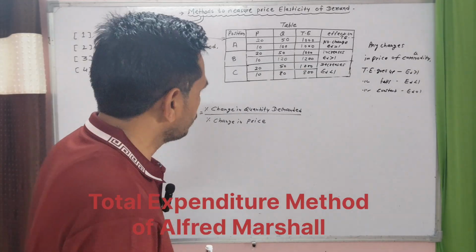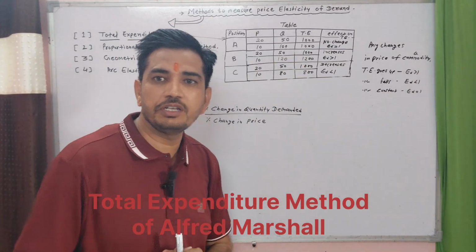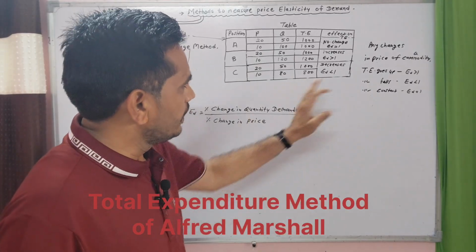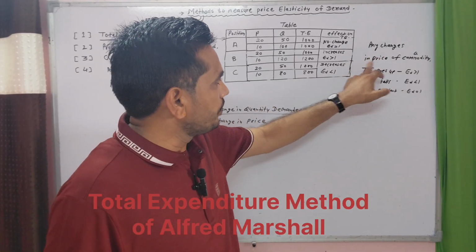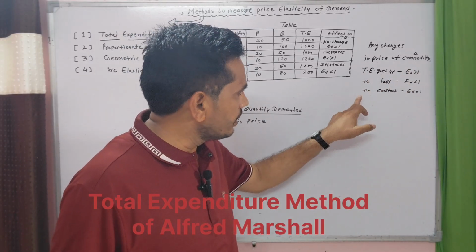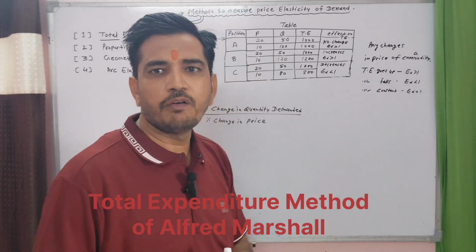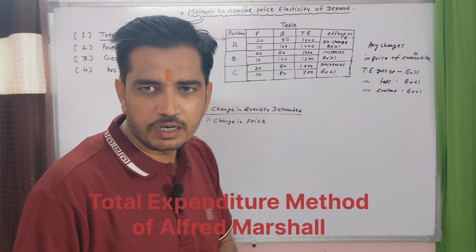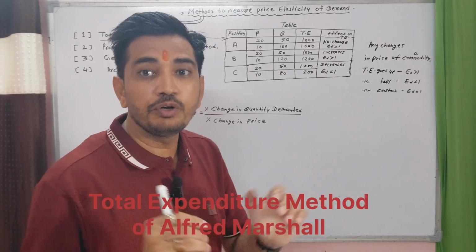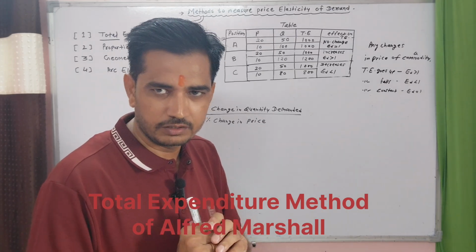Let's see total expenditure: no change in total expenditure. So if there is any change in price of a commodity, total expenditure remains constant, no change. So our price elasticity of demand is equal to 1, unitary elastic demand.